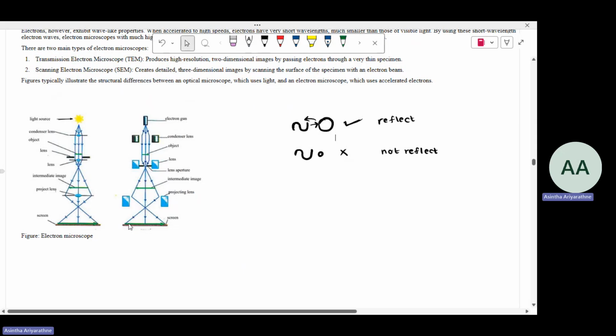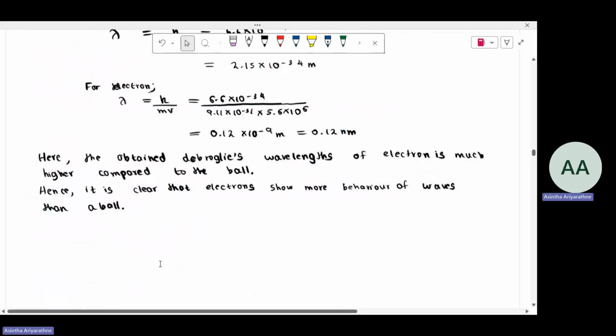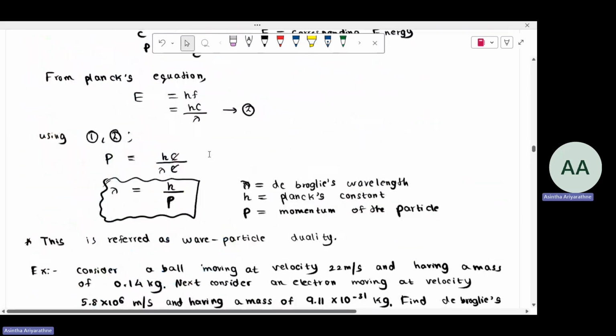So this is a typical light, the optical microscope. So people built the electron microscope. If the electrons are accelerated to a very high velocity, their wavelengths become very small according to de Broglie's relation.